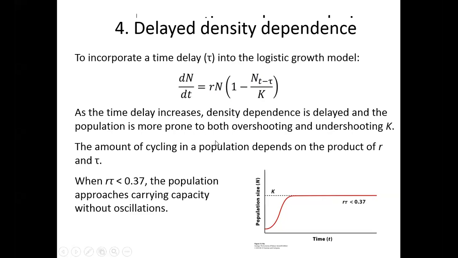All right. Now, I'm not going to ask you to do any calculations with this, but I want you to know what the effect is. The longer the time lag, the more likely it is you'll get fluctuations. If you have a short time lag, and it's usually expressed as r times tau, so if r times tau is relatively small, you don't get any oscillations.